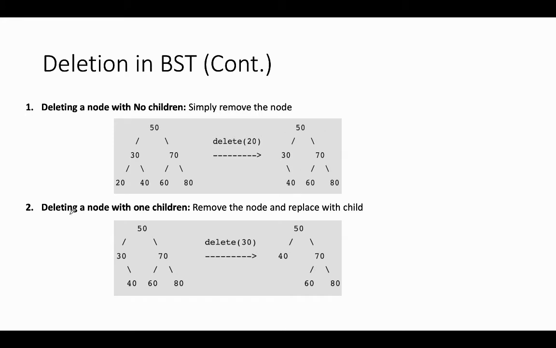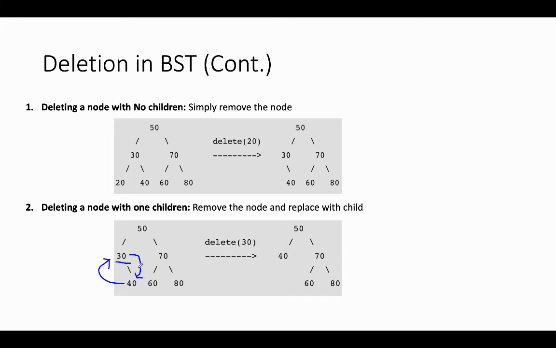The second case is deleting a node with one child. So if in this tree we want to delete the key 30 which has exactly one child, so 40 is the right child of the node 30. To remove this node which has one child, we first need to switch this key value pair. So we'll put the value of 40 in this node, and we will put this value here.